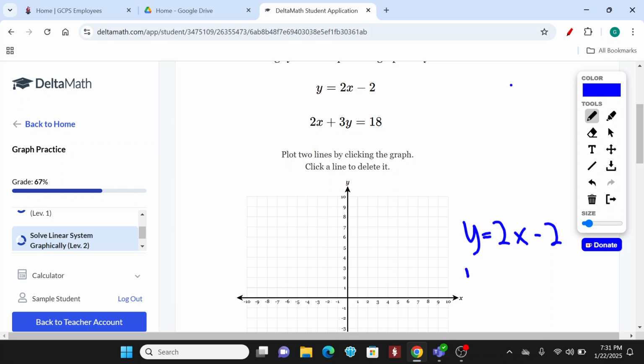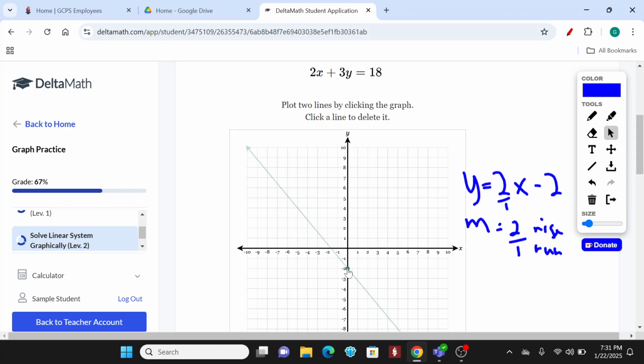And we know when we have 2 like that, we should put it over 1 to make it a fraction. So now 2 is our rise, 1 is our run. So for this one, we're going to go to -2, rise 2, because the positives go up, 1, 2, over 1. Put your dot.